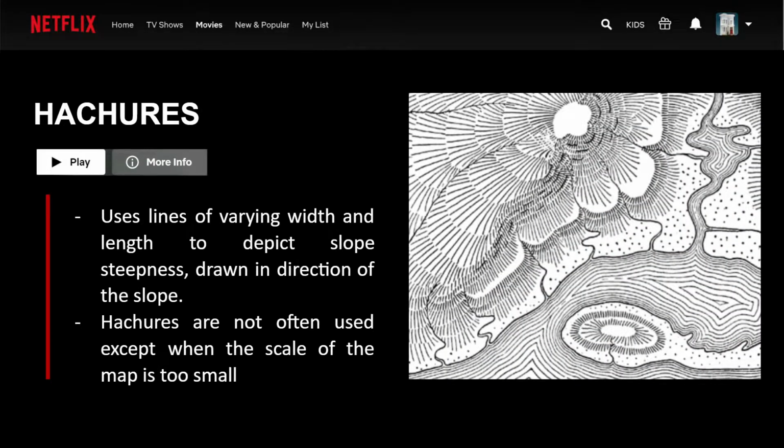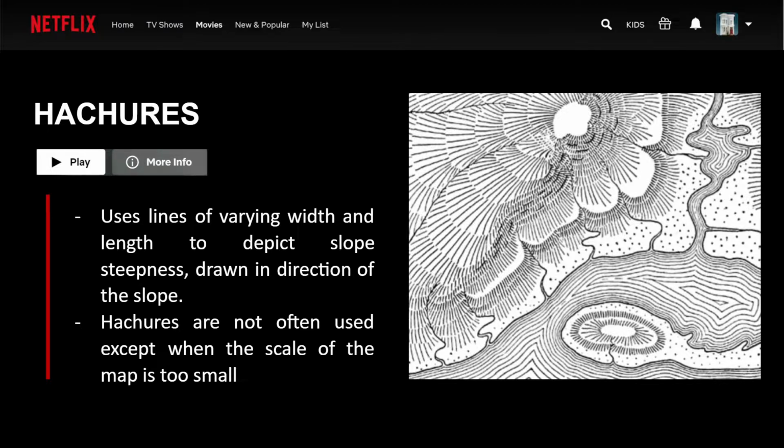The second one is called hachures. Hachuring uses lines of varying width and length to depict slope steepness, drawn in the direction of the slope. Initially unsurveyed and little better than sugar loaves, the first form giving the general location of mountain ranges is referred to as hairy caterpillars.